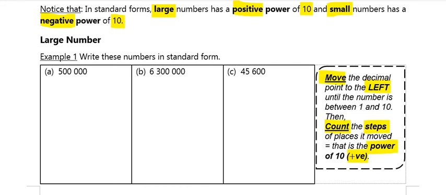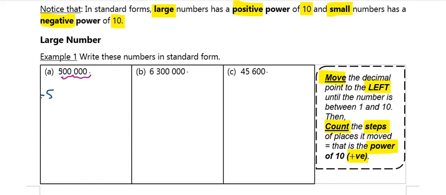Let's start here with 500,000. The decimal point should be on the right side of the number. You move it to the left and count how many steps: 1, 2, 3, 4, 5. When you reach here, you will get 5.